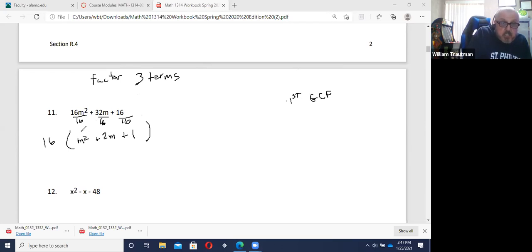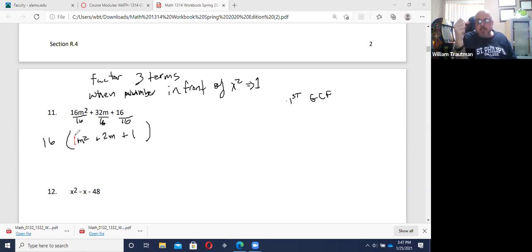Now, if we look, factor 3 terms when the number in front of x squared is 1. In other words, the number in front of m squared, do you see the number in front of m squared is an invisible 1?